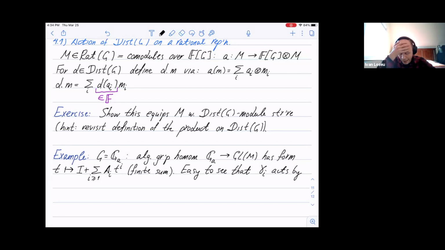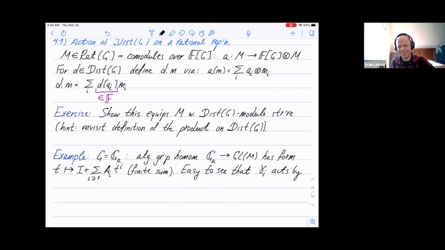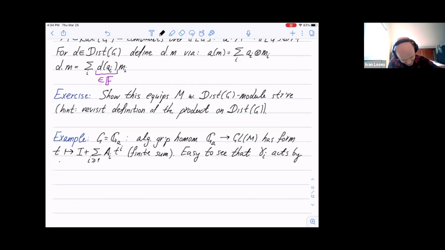So who was gamma_i? Gamma_i was a characteristic function of the element t to the power i. Is it not just A_i? Okay, Gurbir wasn't qualified, but answered anyway. Thanks, Gurbir. It's A_i. And it's what you see when you just look at the definition of the action map.